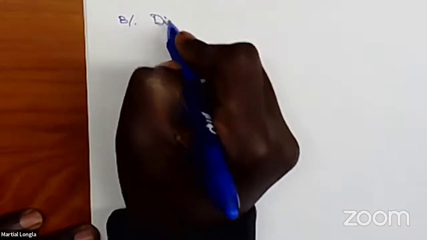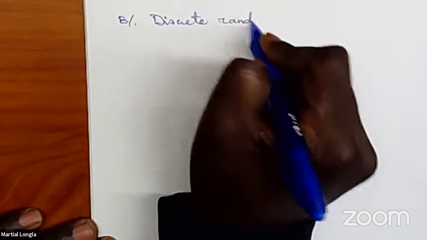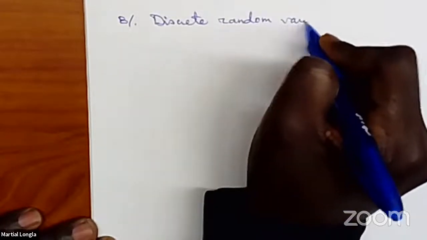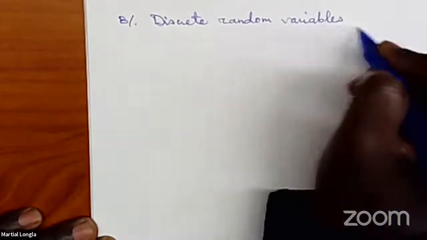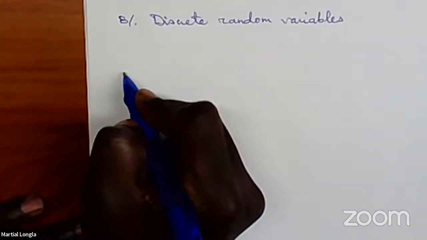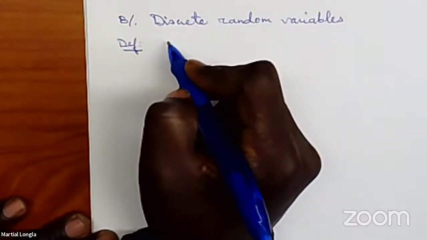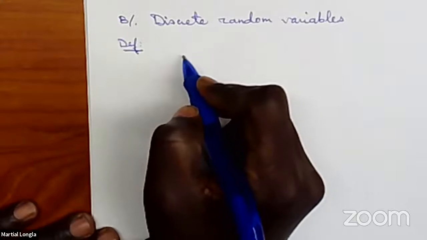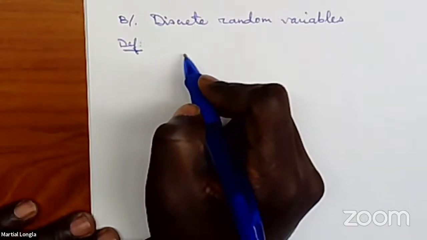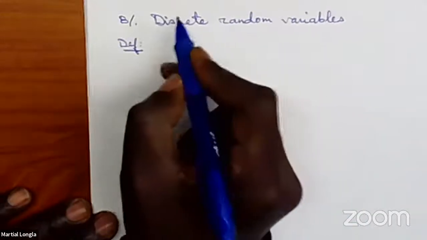So now we have to make a difference between the discrete and the continuous. Discrete random variables. Definition. We say that a random variable is discrete if it takes not more than a countable number of values, which means finitely many or countably many.